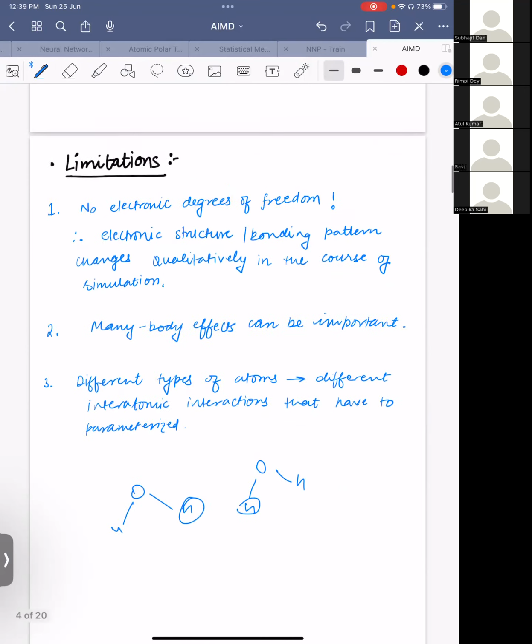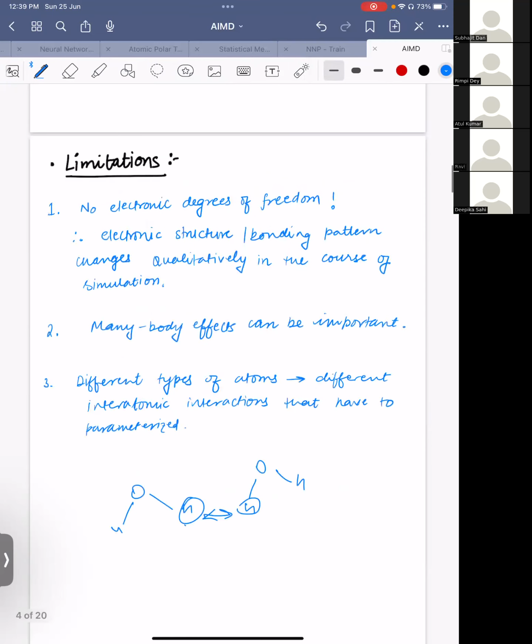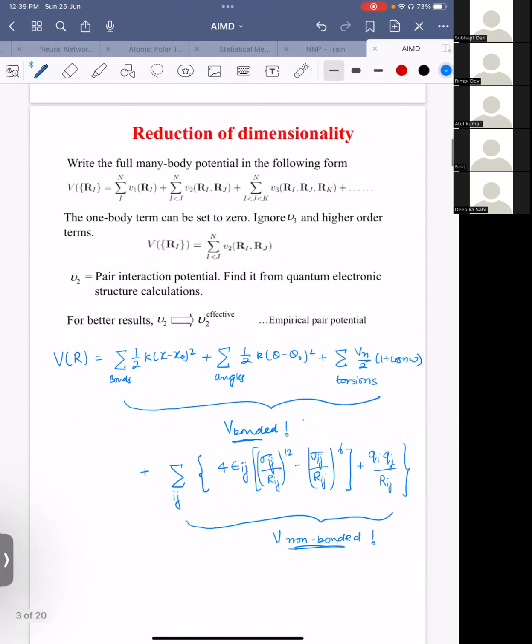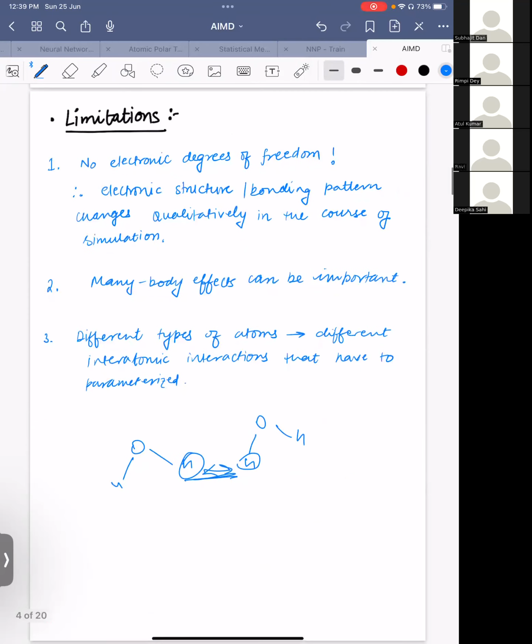Up to two-body systems, our interaction depends only on these two atoms, through the electrostatic potential and the Lennard-Jones potential. So we are not capturing the effect of the neighbor atoms, such as the effect of the lone pair on this hydrogen atom and that hydrogen atom.